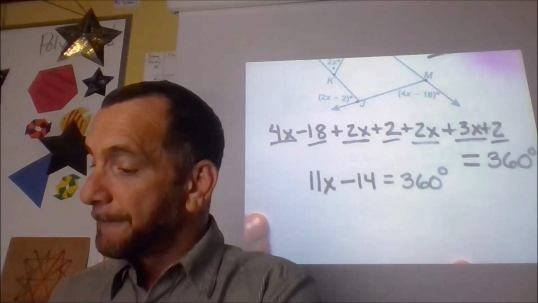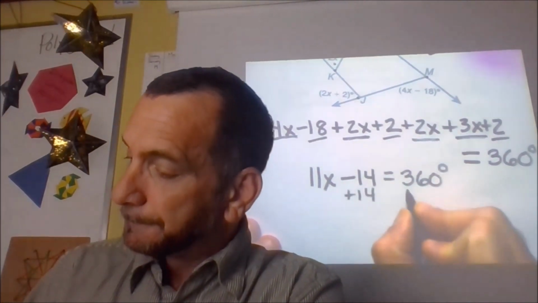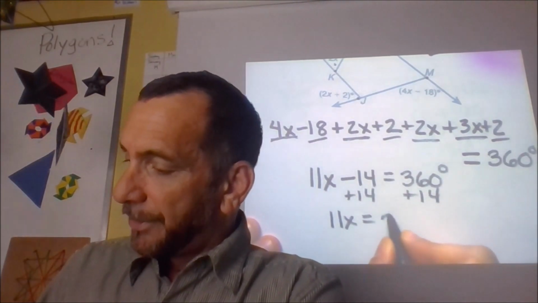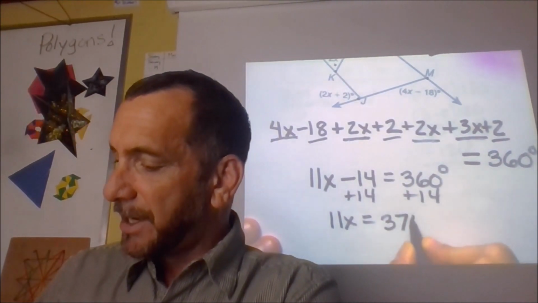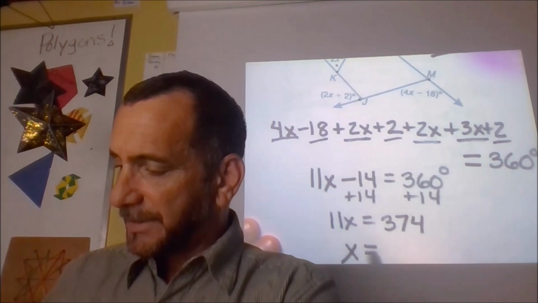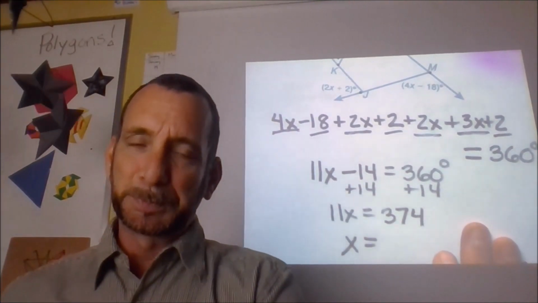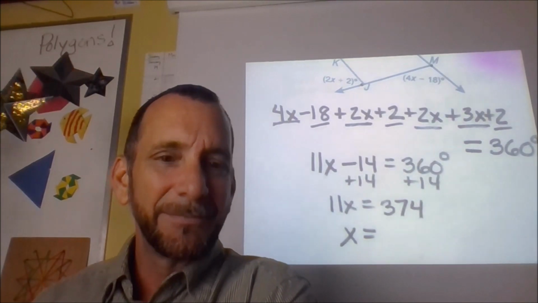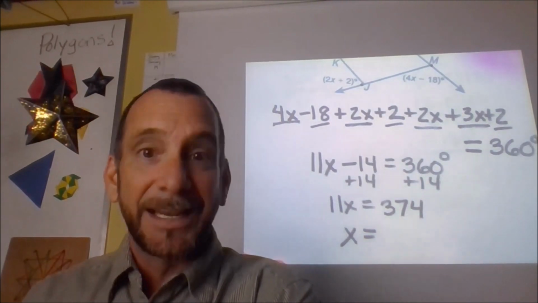Good enough so far. Add 14. 11x equals 374. Do I know that off the top of my head? I'm going to use a calculator. And can you believe it? X is a whole number.